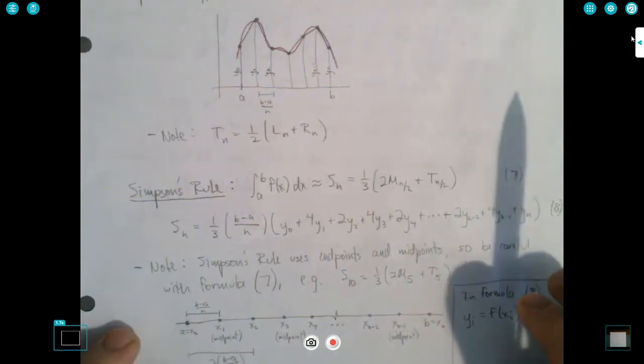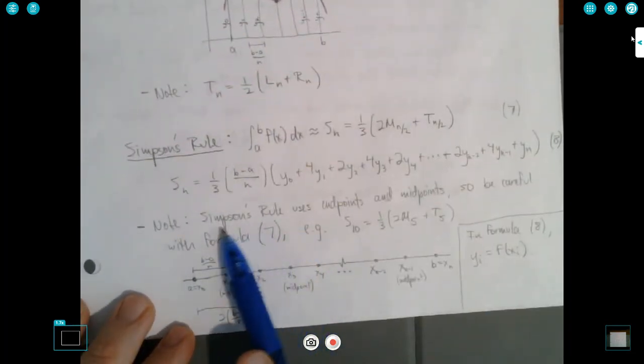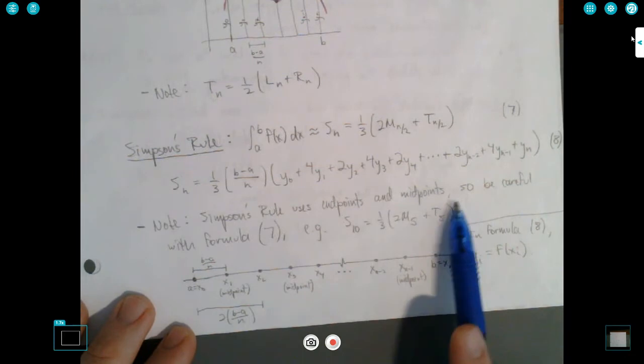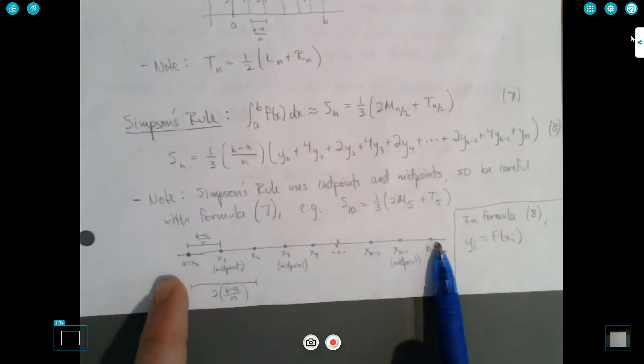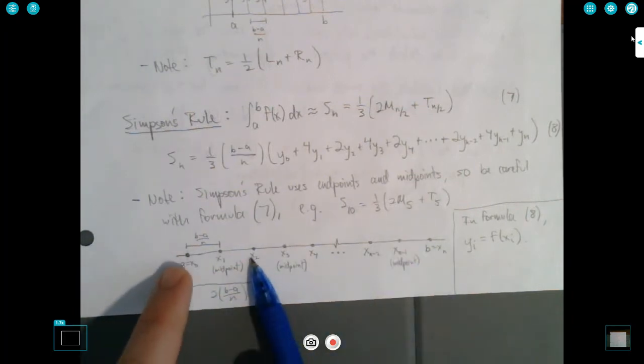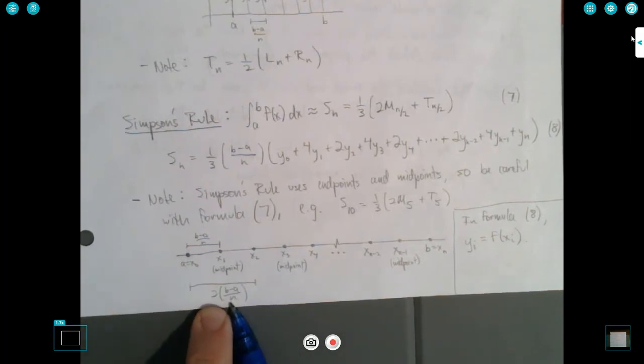And the reason for that is because Simpson's rule uses both the endpoints and the midpoints, right? So if you're imagining laying out Simpson's rule, it would look kind of like this. One subinterval would actually go from x0 to x2, and so the width of each subinterval is actually 2 times b minus a over n, right?